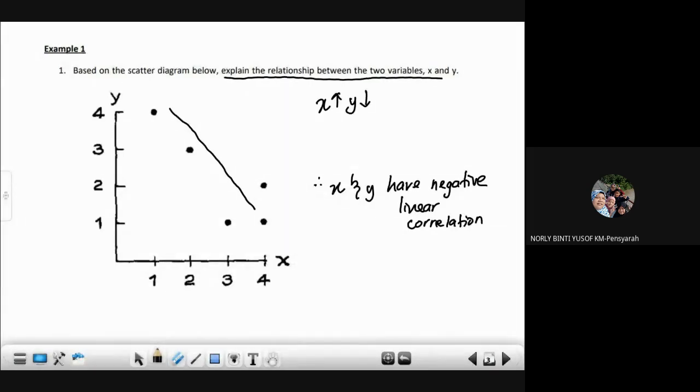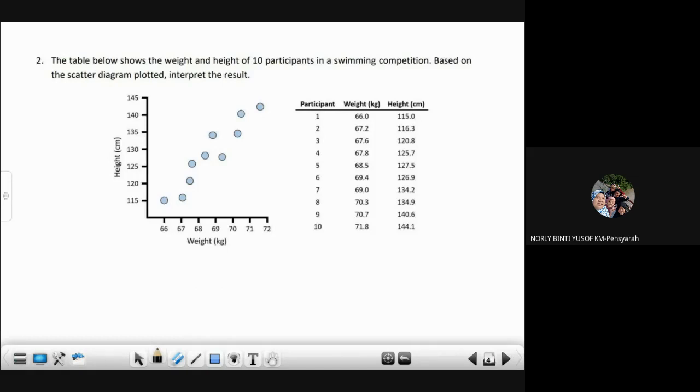Okay, then we go to number 2. Same. You have table below shows of weight and height for 10 participants in swimming competition. Based on the second scatter diagram plotted, interpret the result. So samalah dia nak tanya what is the type of correlation. So tengok pun you punya X tu increasing ataupun weight you increasing, height you pun bertambah, Y you increasing lah. So nampak kat sini slope you naik tangga.